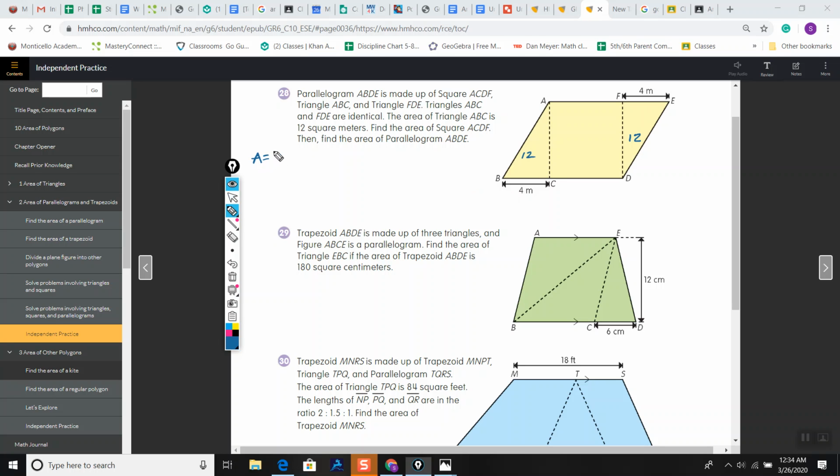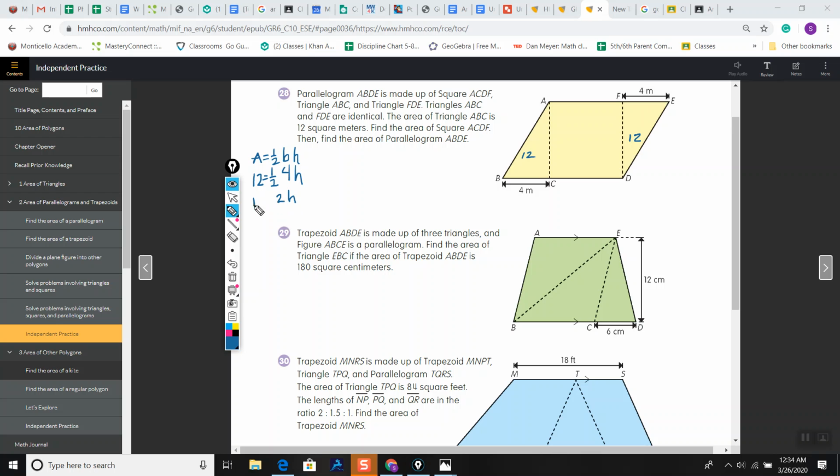And here it is. B and H. My base is 4. My height I don't know. My area is 12. And since I'm dealing with a triangle, it's going to be half. Okay, so what is half of 4? Right here, half of 4. Well, that's going to give me a 2.